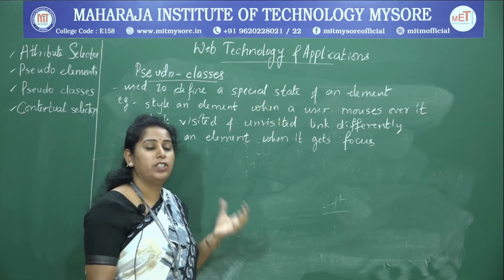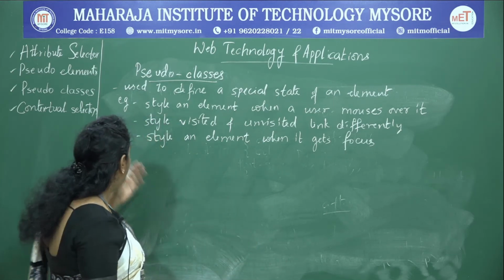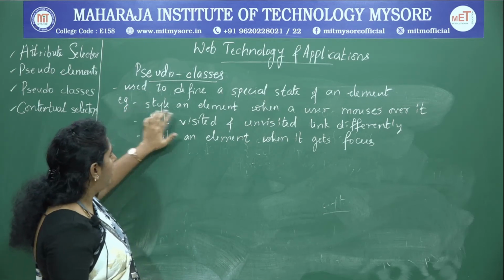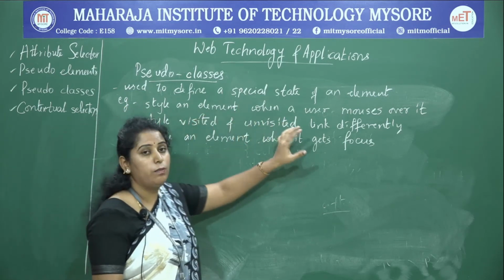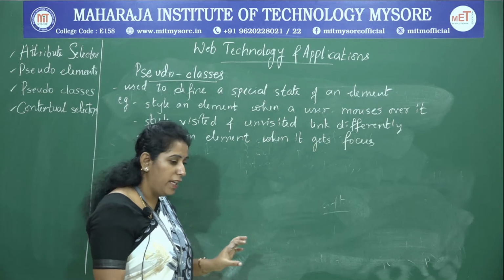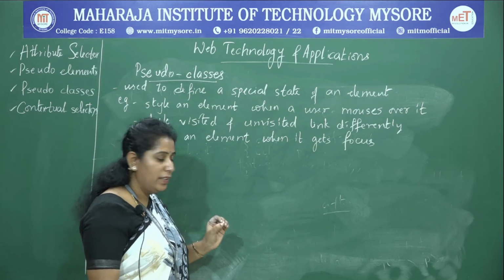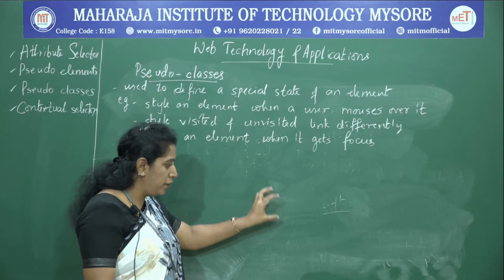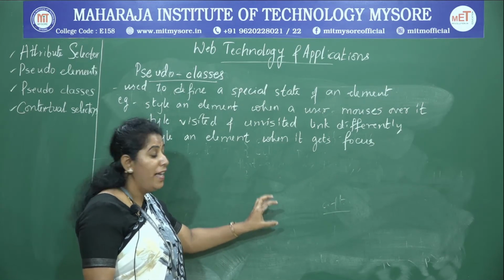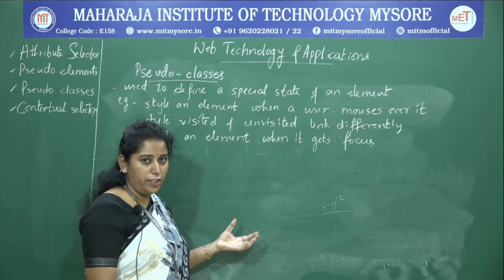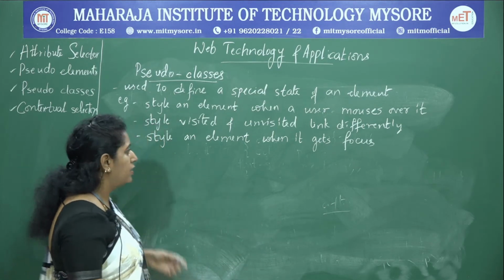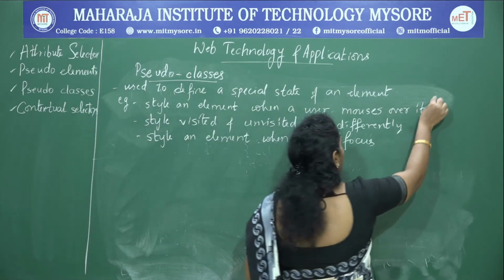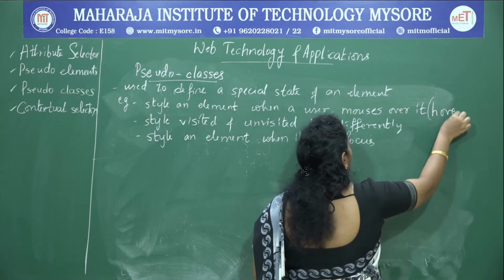How you can assign a special state for an element, for example, style an element when a user mouses over it, in the sense when you place the cursor on a particular point of an element, how its state will be changed. That is achieved by a property called hover.